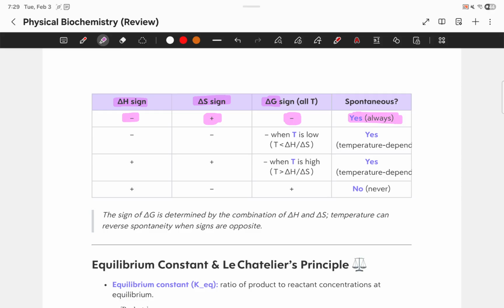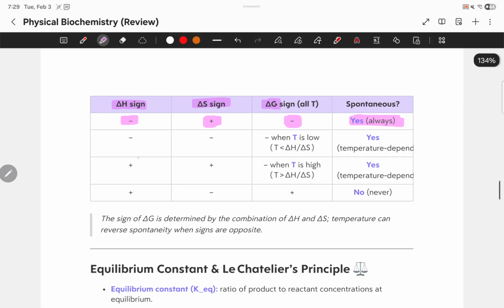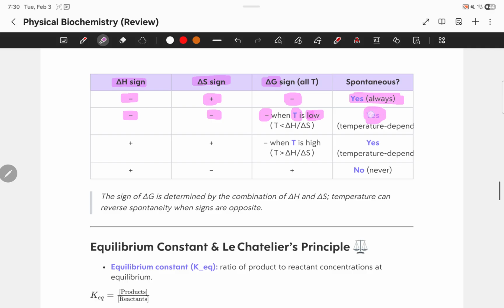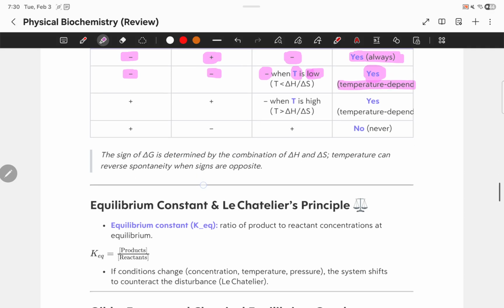Okay, moving on. If delta H is negative, delta S is also negative, then delta G is going to be negative, but if temperature T is low, okay, that makes the reaction spontaneous, but it's temperature dependent. Moving on.